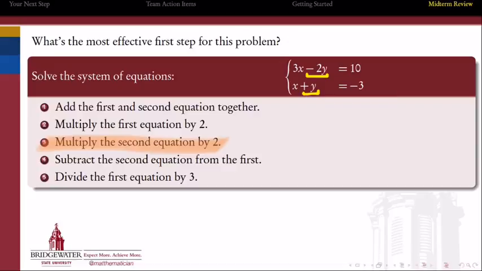Yeah, so if I multiply the second equation by 2, I'm going to discover that my y's have equal and opposite coefficients. So if I multiply the second equation by 2, it'll become 2x plus 2y equals negative 6.